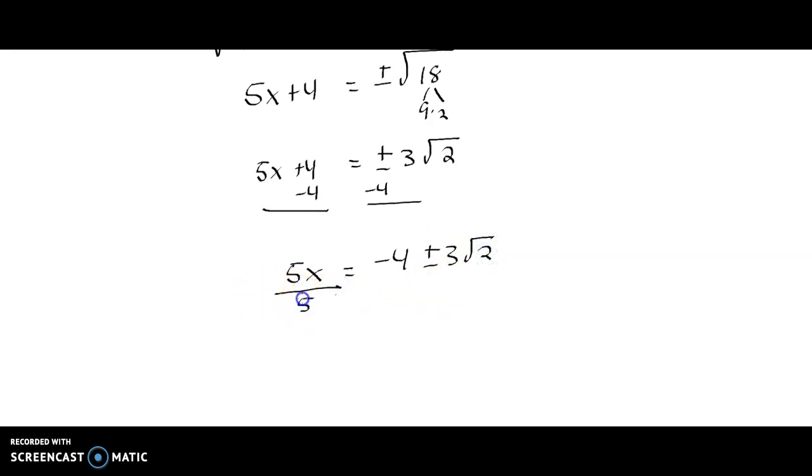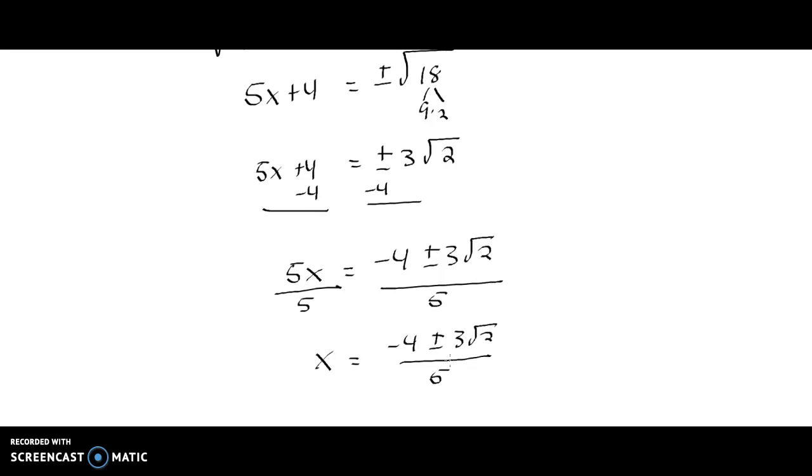I'll divide both sides by 5. I get x is equal to negative 4 plus or minus 3 the square root of 2, all over 5. And that is as simplified as I'm going to be able to get this equation. Okay, so whenever you're doing that, that is how you go about making it more simplified.